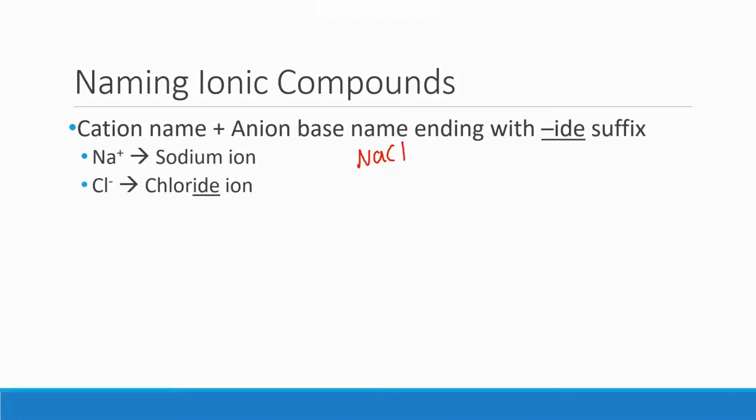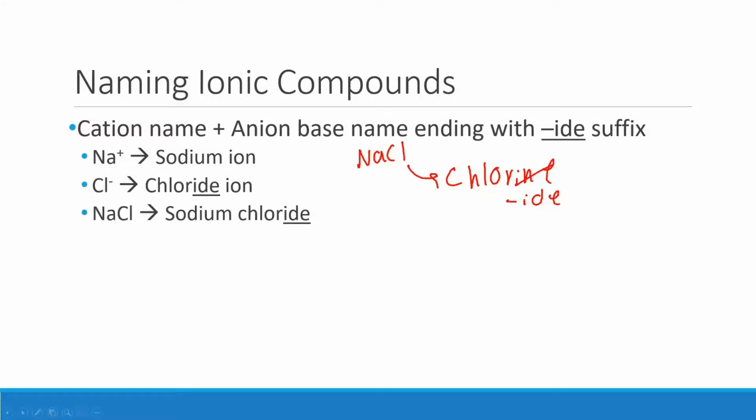So as you can see, I've taken the original name of the anion, chlorine, and I've essentially chopped off that ending and replaced it with IDE, ide. And so when you combine the two together, you end up forming sodium chloride.